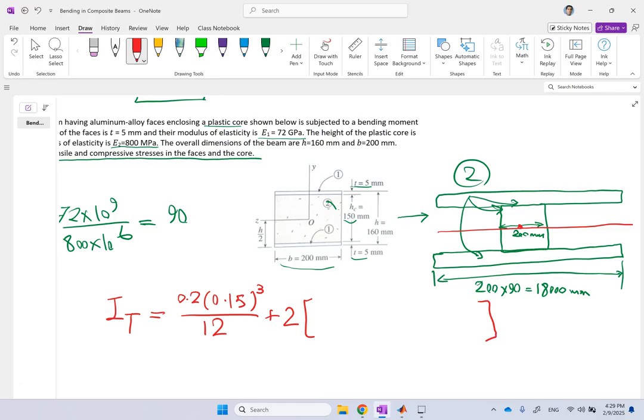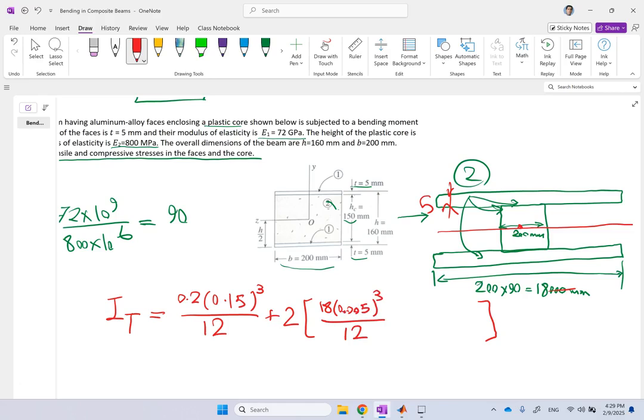First of all, their thickness is still 5, but their width is 1800. Now you have to get rid of 3 zeros, so it's going to be 18 times 0.005, which is 5 mil, cubed over 12.